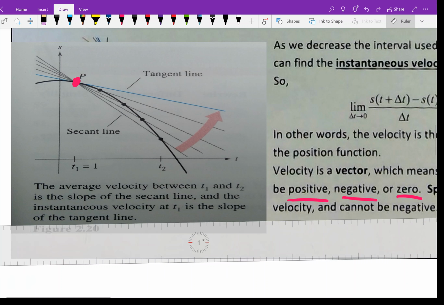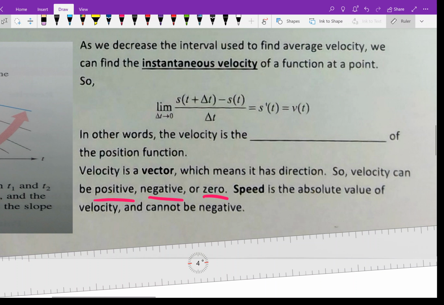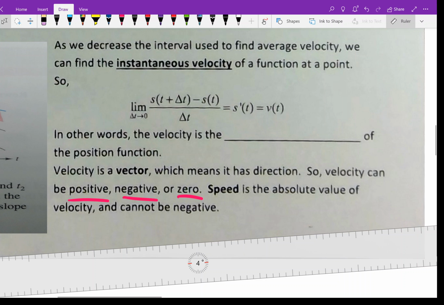Now let's go to this blurb that's in here. It says, as we decrease the interval used to find average velocity, we can find the instantaneous velocity of a function at a point. So the limit as delta t approaches 0 of s of t plus delta t minus s of t, over delta t, is equal to the derivative, which is the velocity function.